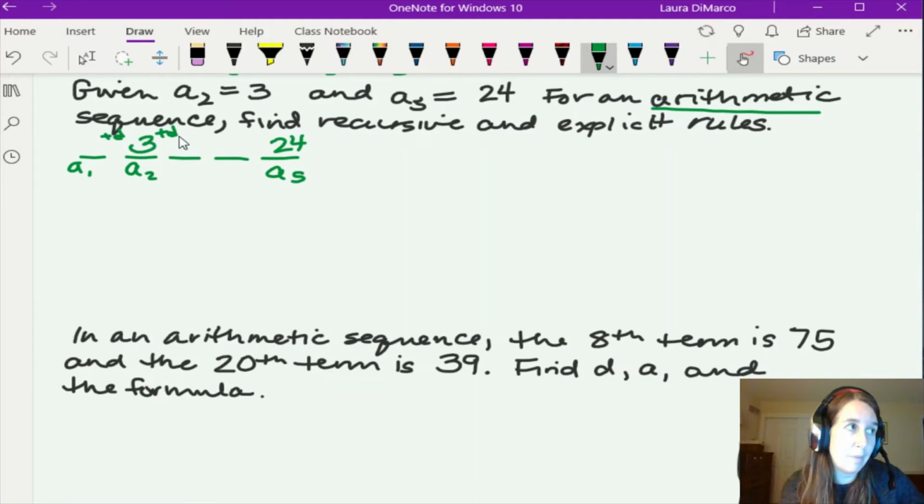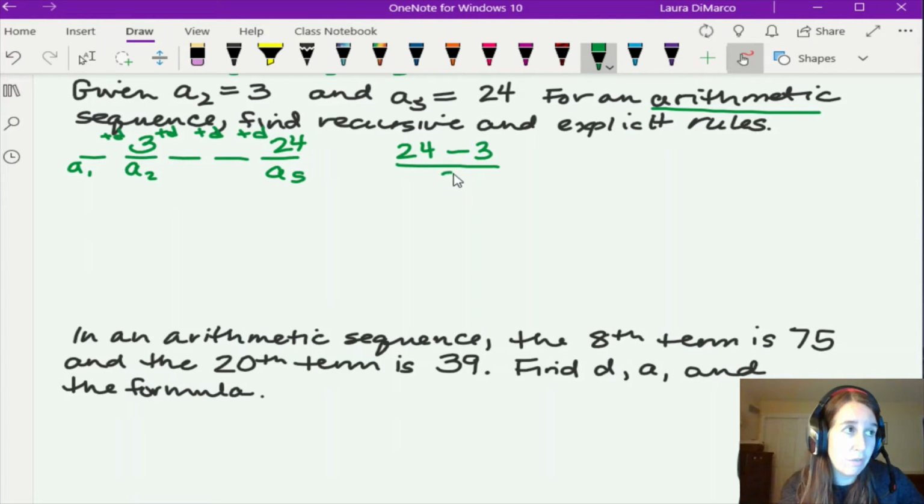So this would be plus d, this would be plus d, and this would be plus d. So do you see that we need to add 3 d's to get from the second term to the fifth term? And the difference between these two numbers is 24 minus 3, so we have 21, and that is 3 d's.